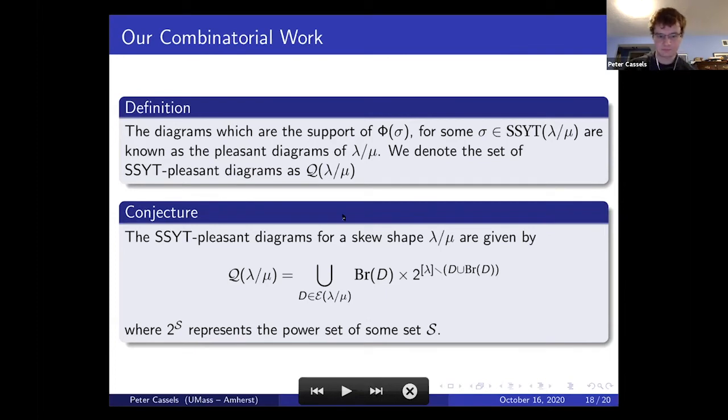And what we were able to prove, except for one technical lemma at the end, was that these are given by this formula. Again, the arrays with non-zero entries in the broken diagonal, and all the possibilities given the power set.